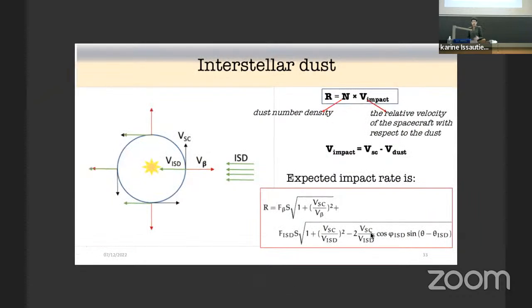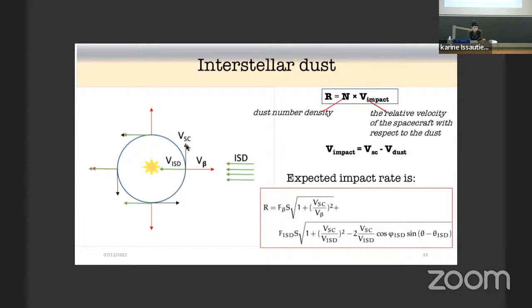And so those modulations should be considered as orbital modulations. And why? If we assume that we have the sun in the middle here, and this blue circle is the trajectory of the spacecraft, we can say that interstellar dust is entering from, let's say, this direction. So we will have this component of the velocity of the interstellar dust.